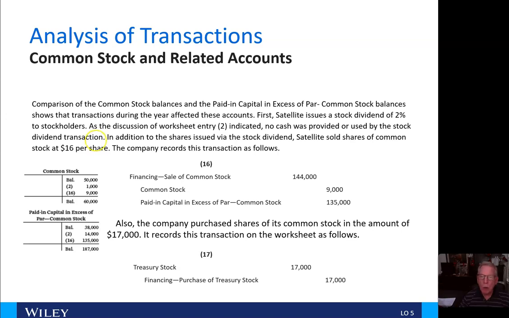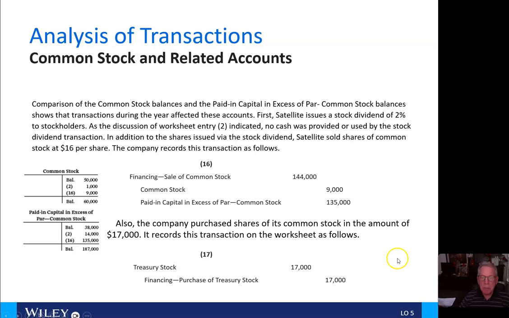So the company's going to record that transaction under number 16. We're going to debit the financing section of the statement of cash flows for the sale of the common stock here, $144,000, while crediting common stock for $9,000 and paid-in capital in excess of par common stock for $135,000.